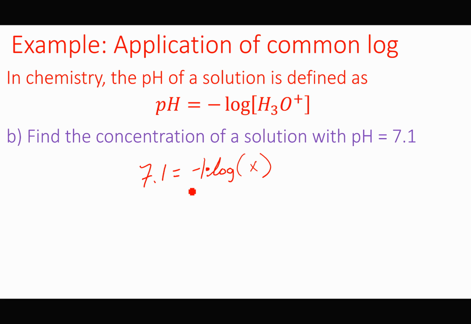So if we divide by negative 1 on both sides, we end up with negative 7.1 equals log of x. And the base is not written, but we know the base is 10. So going back to our exponential properties, this is really 10 raised to the negative 7.1 equals x.